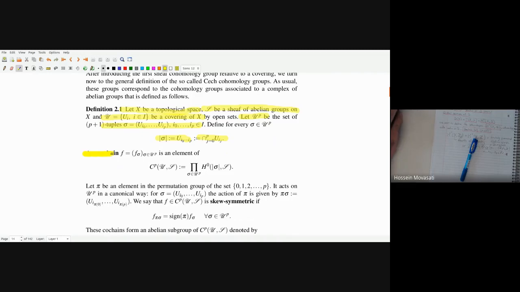So a p-cochain, what will it be? Remember this notation, maybe I write it once again here. The point is that this writing is not good, but remember that this is the same notation of sections of S in the support of sigma.